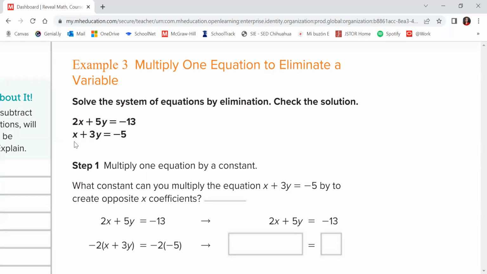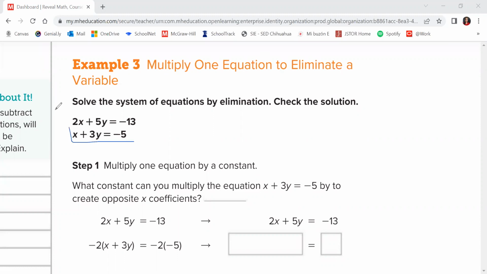But if we multiply one of the equations, we could have an opposite or the same term. In this case, if we multiply all of this equation by -2, we would end up having, I'm going to rewrite the one on the top because I'm not doing anything to it.